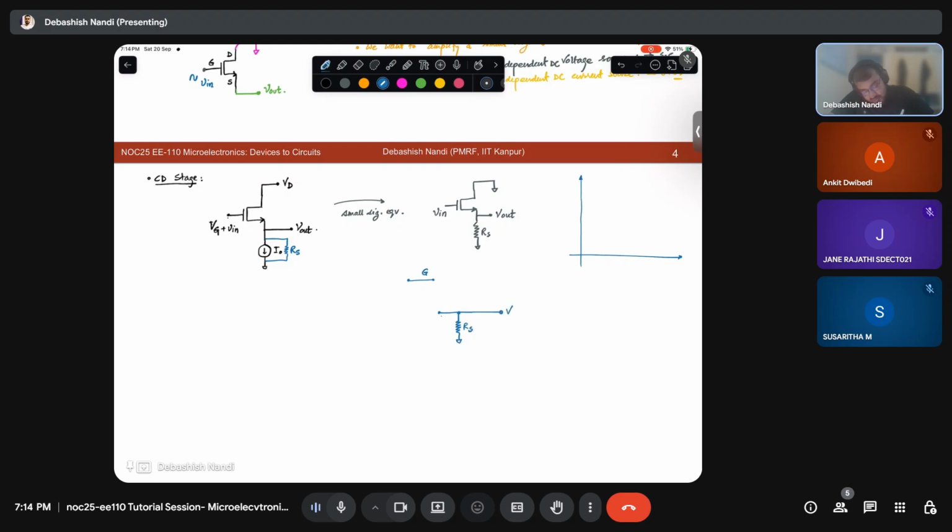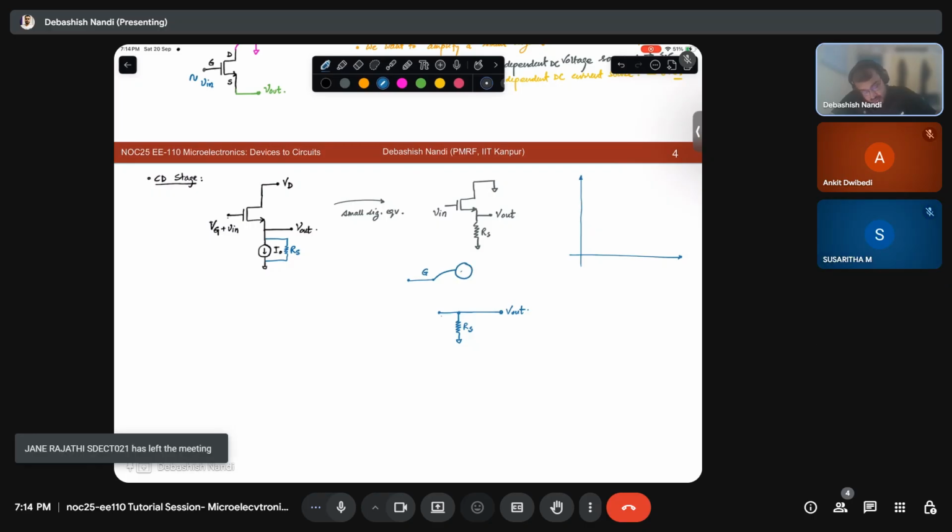This is your V out, and then you have your input connected between gate and drain, and from drain to source you connect this current source.